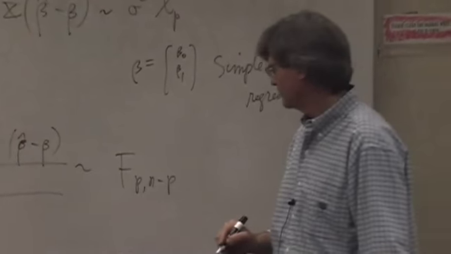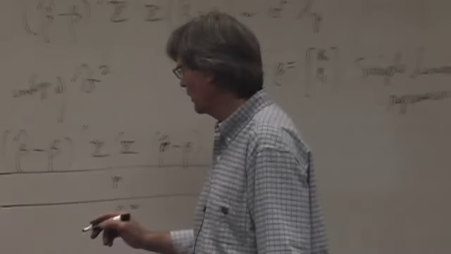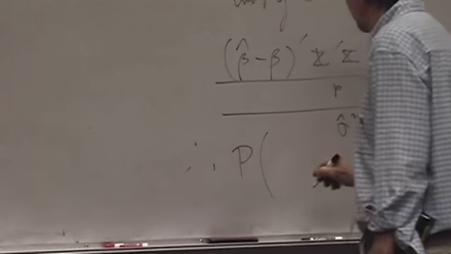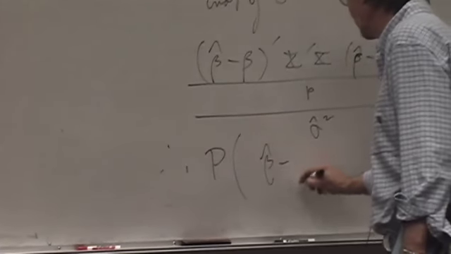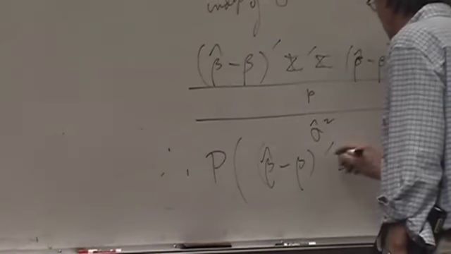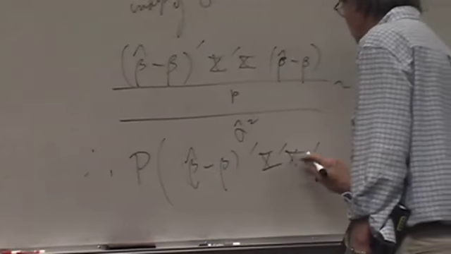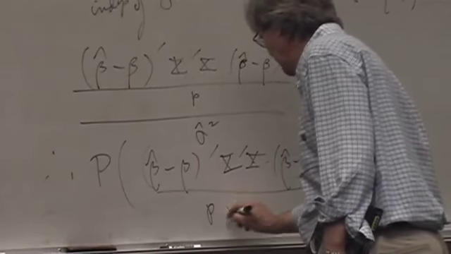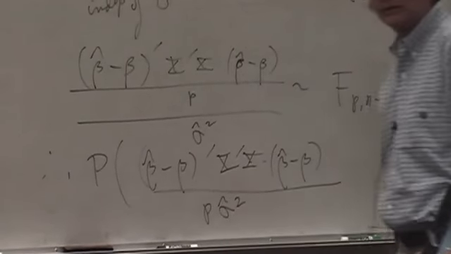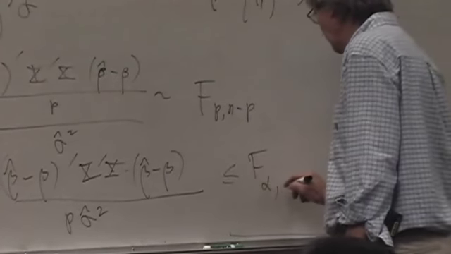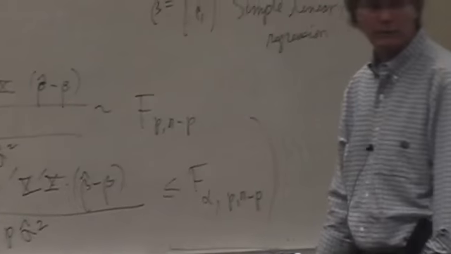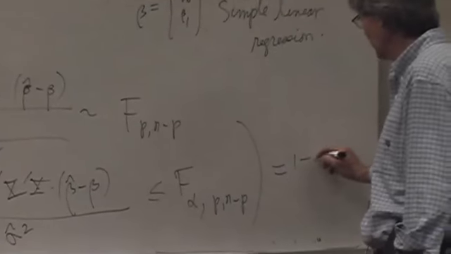That what you know, therefore, is that the probability that beta hat minus beta prime x beta hat minus beta over p sigma hat squared, I forgot my p in the notes, okay, down there, is less than or equal to f alpha p, n minus p, that's the percentage point of the f statistic of p and n minus p degrees of freedom. This is equal to 1 minus alpha.